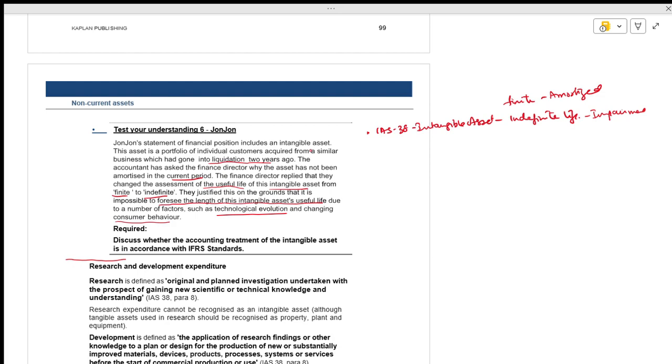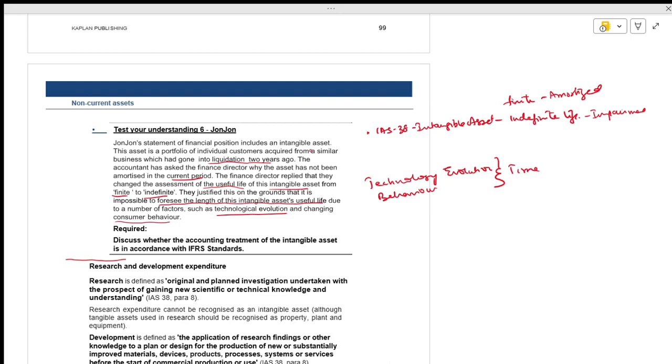Now see what it says, individual customer. When you are talking about the asset of the portfolio, it is impossible to foresee the length of the entire asset due to a number of factors such as technological evolution, changing behavior. Technological evolution is very simple.